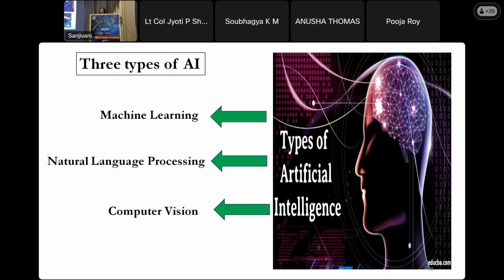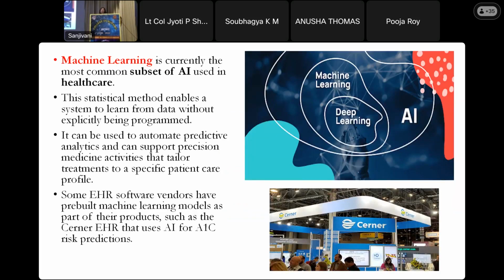I would not elaborate on this, but just to give an example of machine learning, there is the electronic health record prepared by Cerner. What they have done is they have made it so their system can predict the HbA1c.